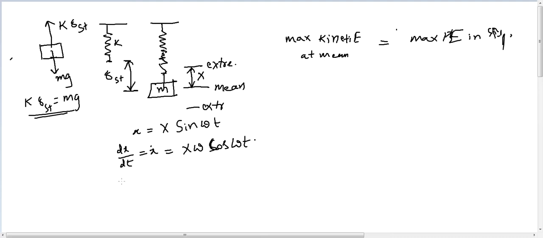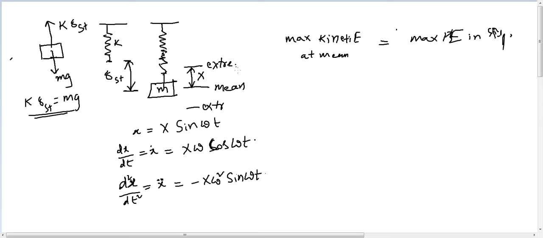And if we want to find the acceleration, d square x by dt square is equal to x double dot, which is equal to minus X omega square sine omega t.